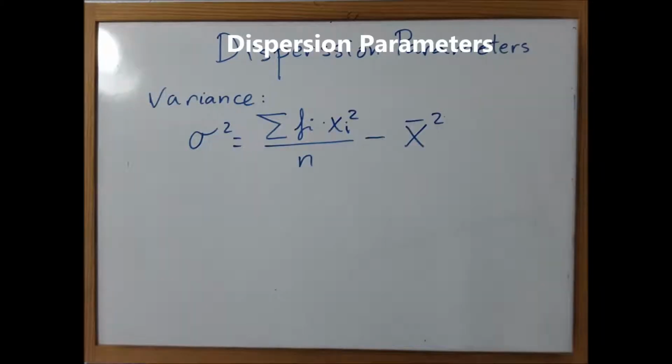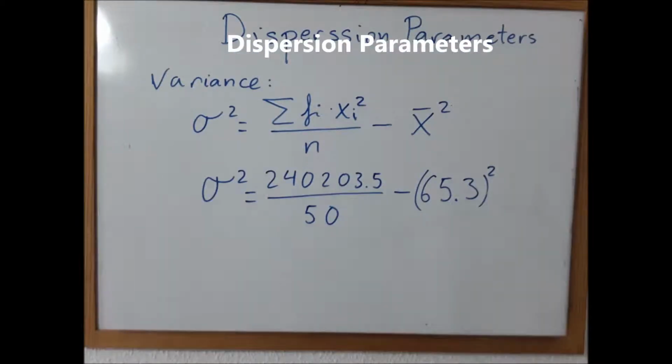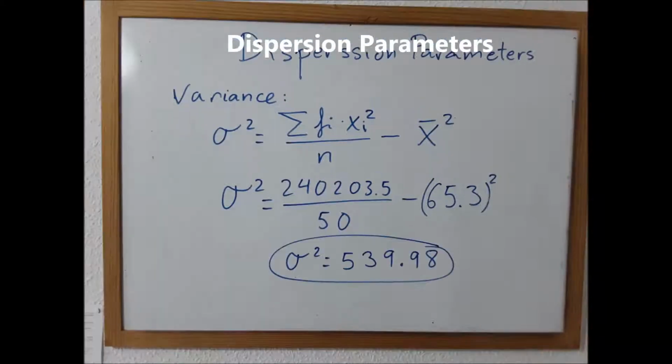And finally, we're going to find the dispersion parameters, the variance, which follows this formula, the sum of fi times xi squared divided by n, minus the square of the mean. So, replacing the numbers in the formula, we obtain 539.98.